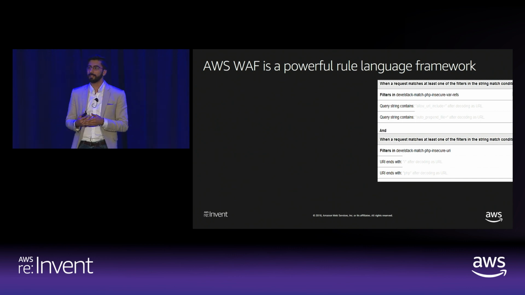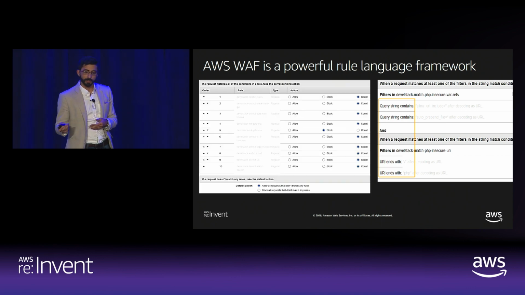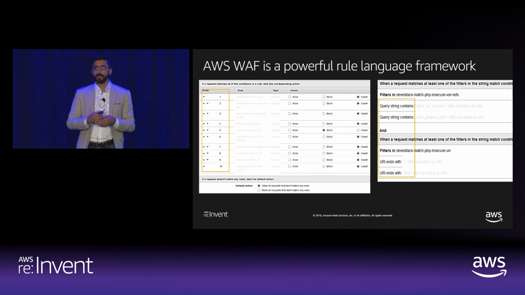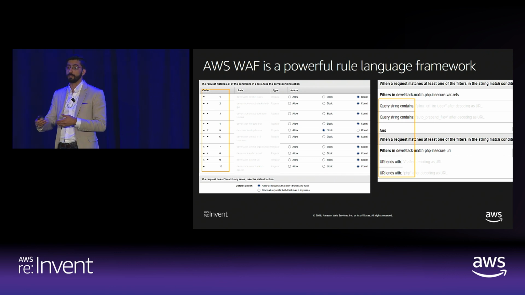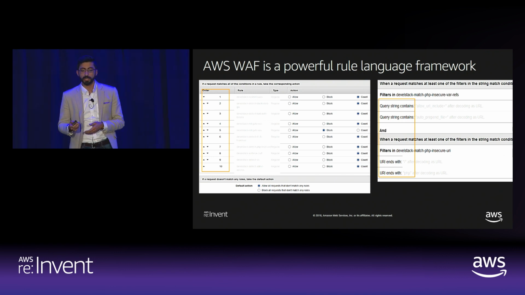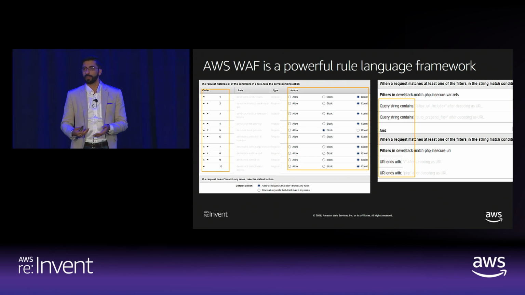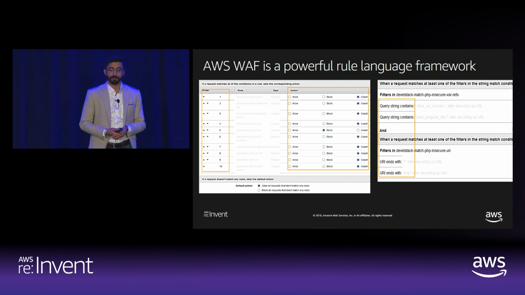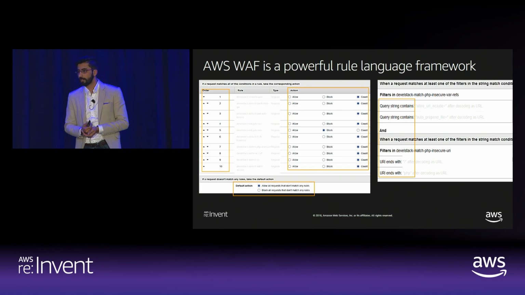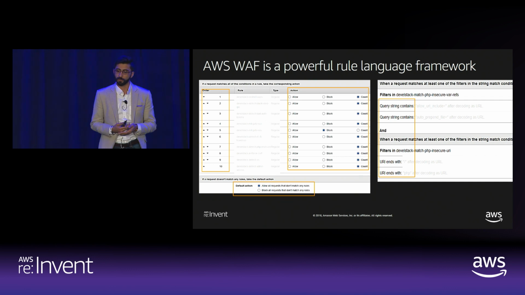And then you can combine them up with logical operators and put each one of these rules into a container that is the web access control list in a defined hierarchy that you can customize as you see fit. Each of these rules can have their own individual actions that you want the web ACL to take, or you can have a default action that takes place if a request does not satisfy any of these rules.